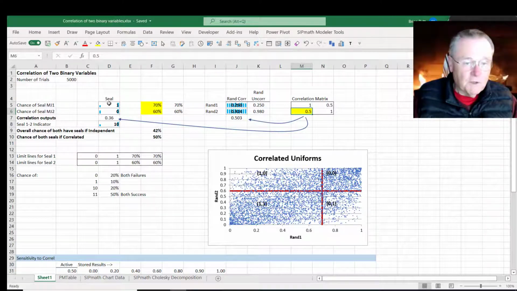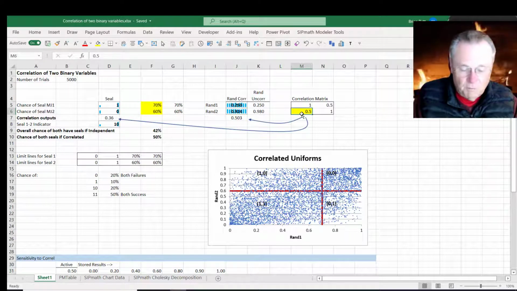And the correlation between the 0 and 1s has dropped down to 0.36. And the chance of both seals being positive is 50%. So we got 50% of the dots, I think, are down here. And we can see that also down here, 50% are both successful.